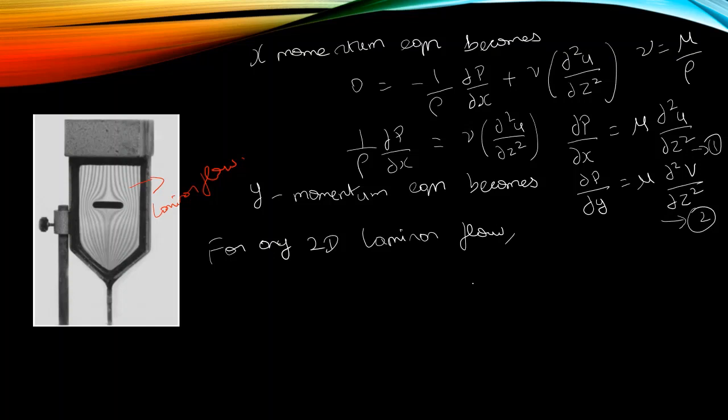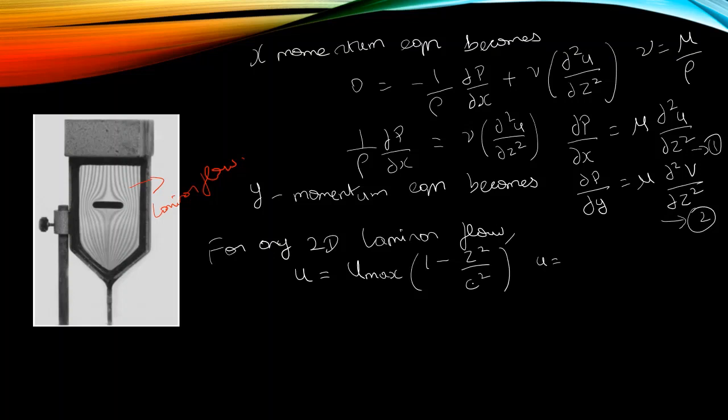So for any two-dimensional laminar flow we write the velocity equation. What is the velocity equation? u is equal to u max times 1 minus z square by c square. You know what is meant by c: 2c is the distance between the two parallel plates.